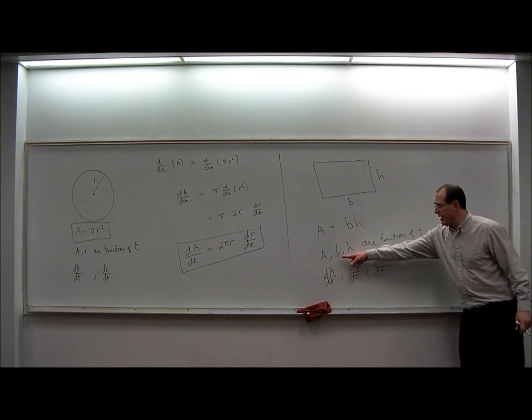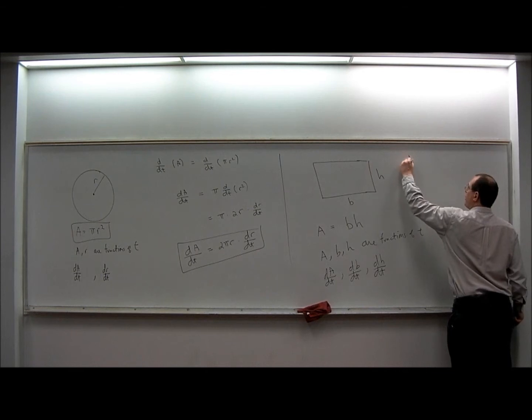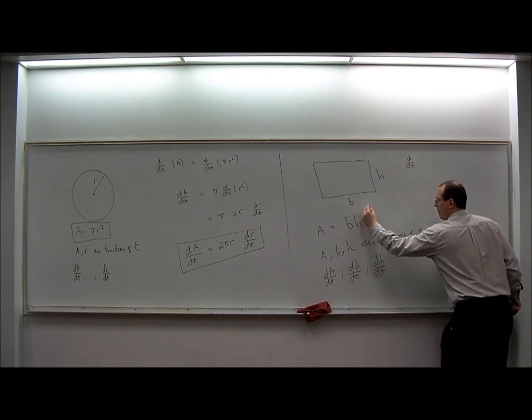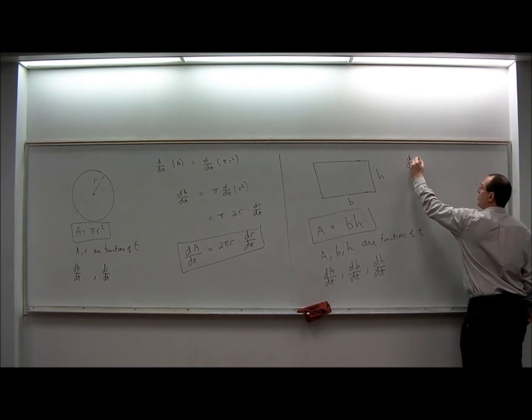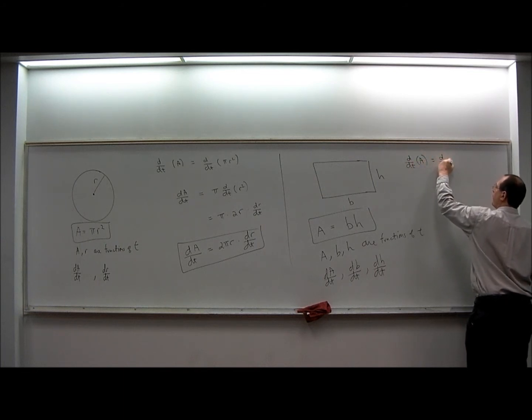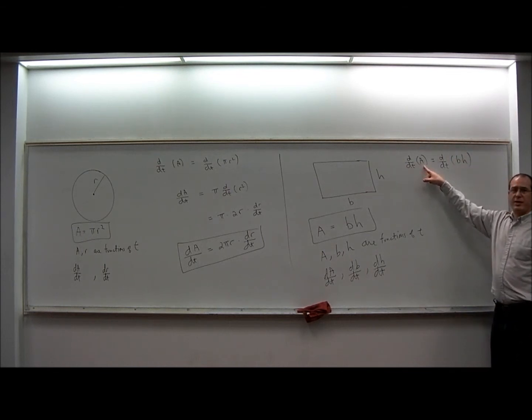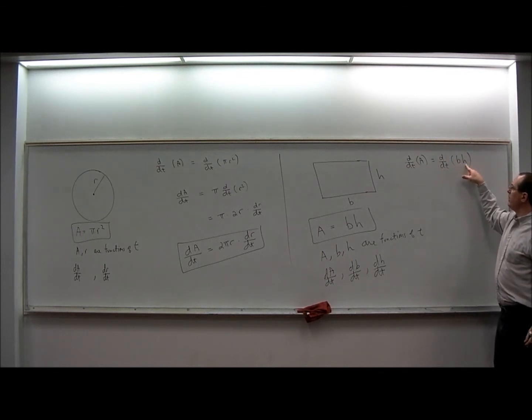So assuming that A, b, and h are functions of time, then differentiating both sides of the relationship A equals bh with respect to time, we have the derivative of A equals the derivative of b times h.